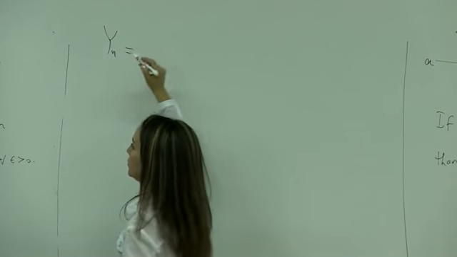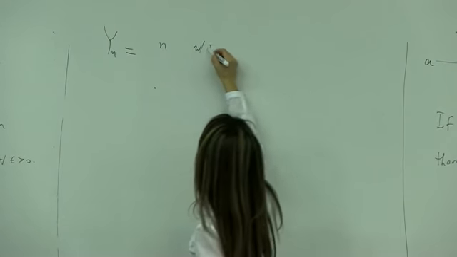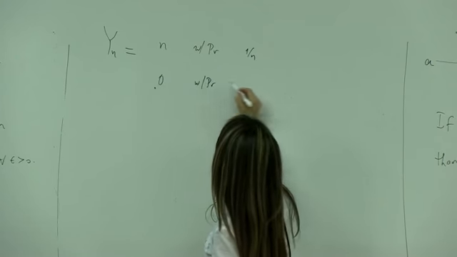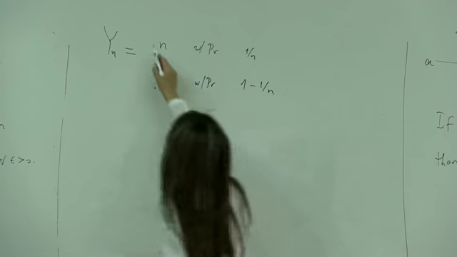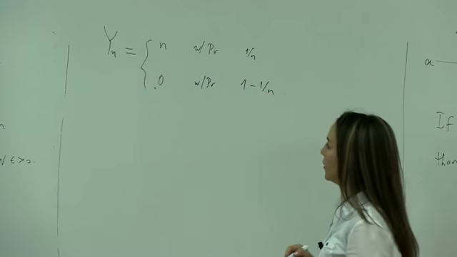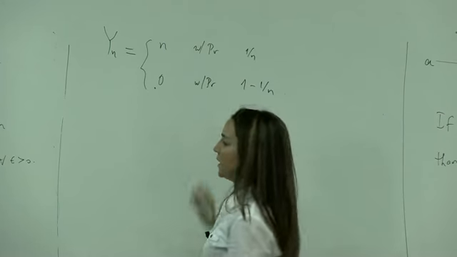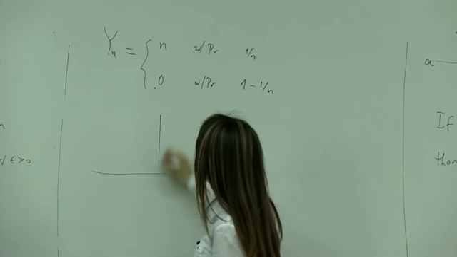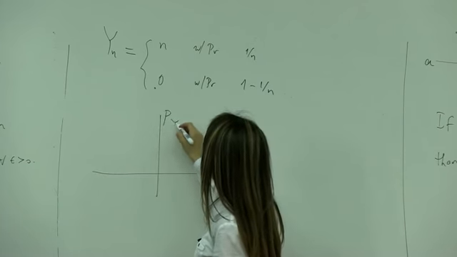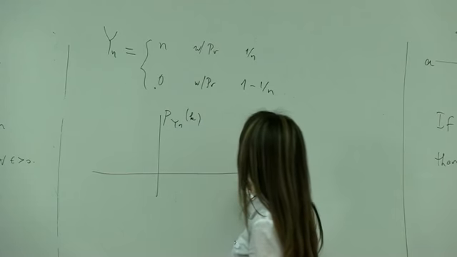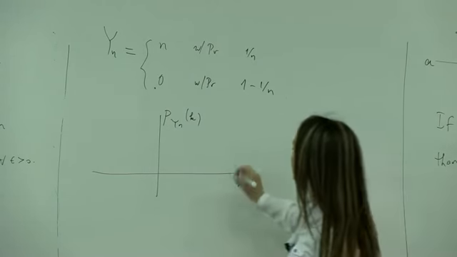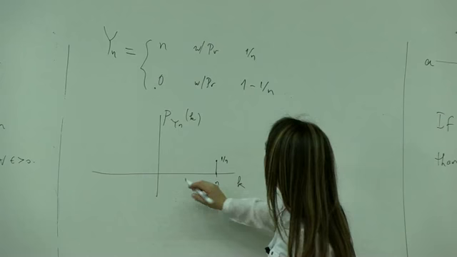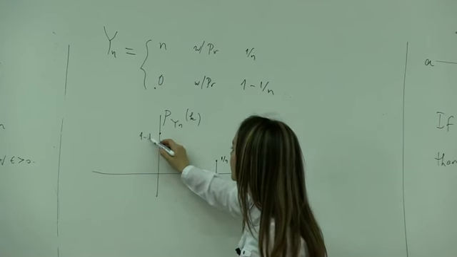It has a PMF, P sub Yn of k, as a function of k, that looks like this. It's equal to n with probability 1 over n, and 0 with probability 1 minus 1 over n.